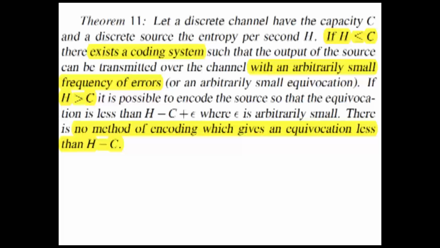Remember that he has both the source and the channel at the same time. If the entropy is less than the capacity, then we can indeed have arbitrarily small frequency of errors.